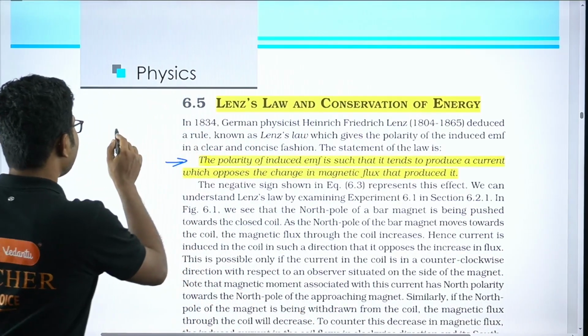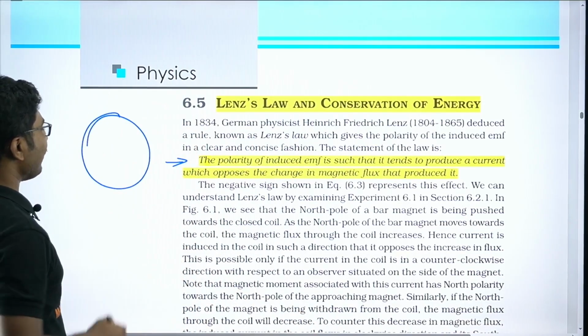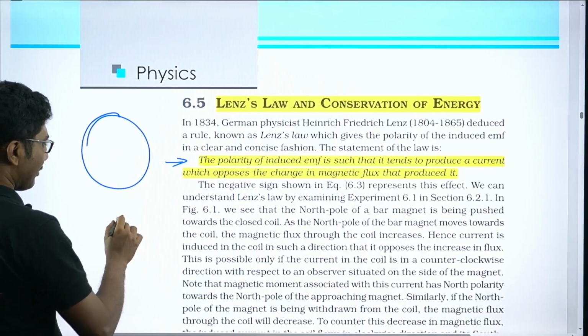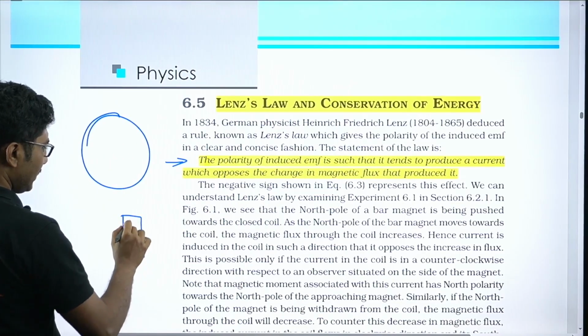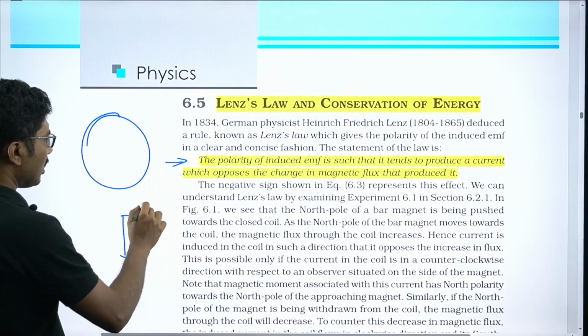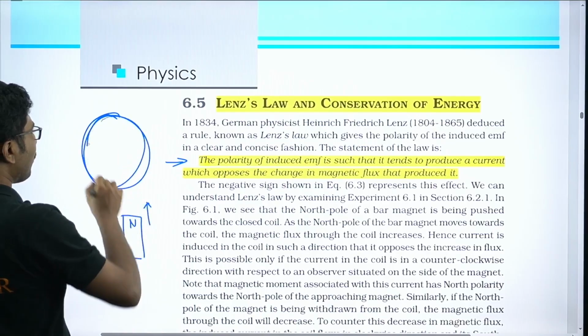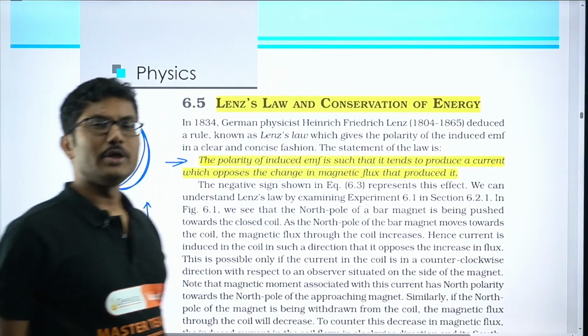So the coil carrying current will also produce a magnetic field. Suppose I am pushing the north pole of a magnet towards this coil. Now this coil will also produce a pole of its own. What pole will it be?